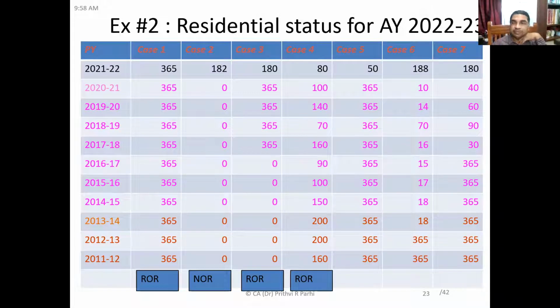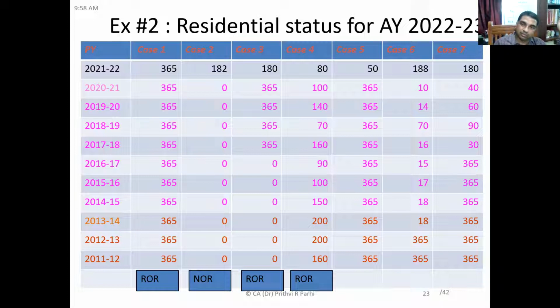Case 5. Here in case number 5, first of all, he has not stayed 182 days in the relevant previous year, but in the previous years of the relevant previous year, he lived all those days.